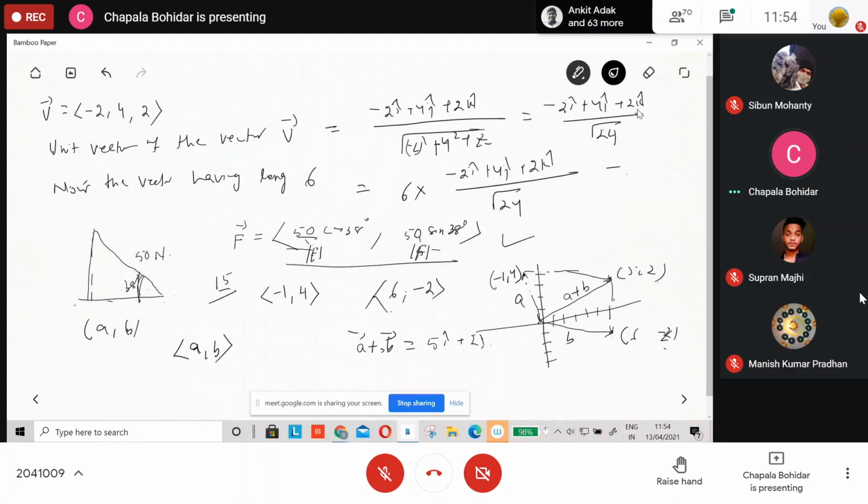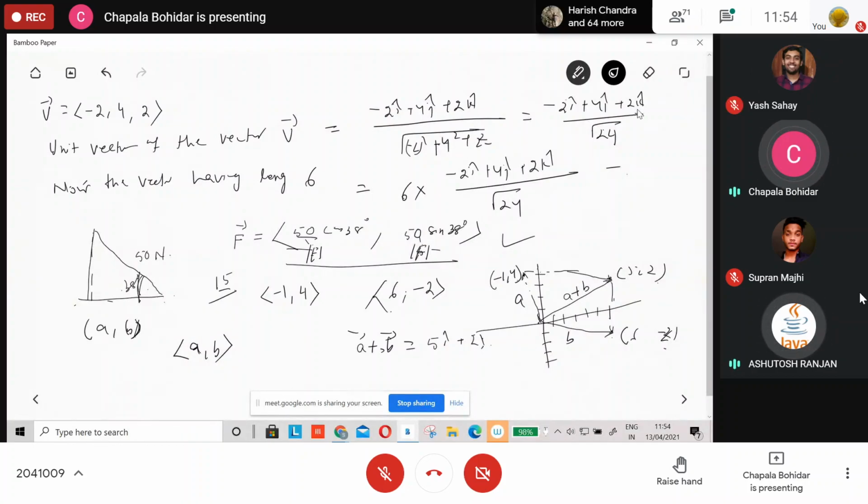Can anybody? AB is the position vector of the point AB. Ma'am, A comma B is a point. Yes.